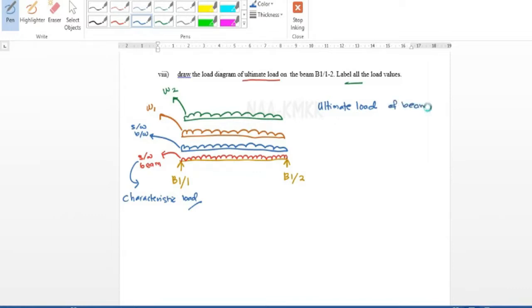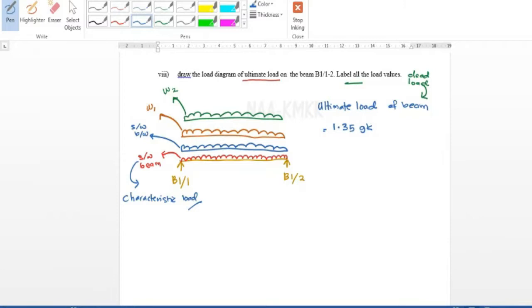So the ultimate load of beam. The beam is dead load, right guys? So the formula for dead load is 1.35 Gk.